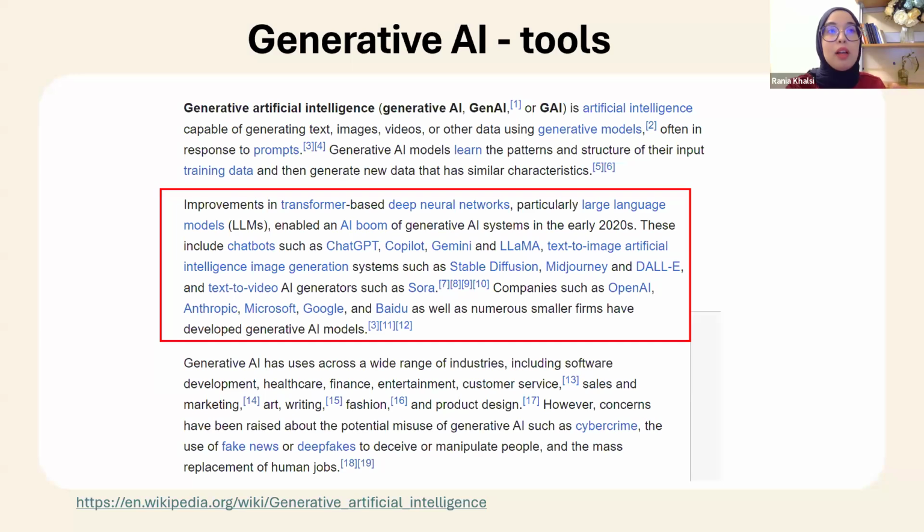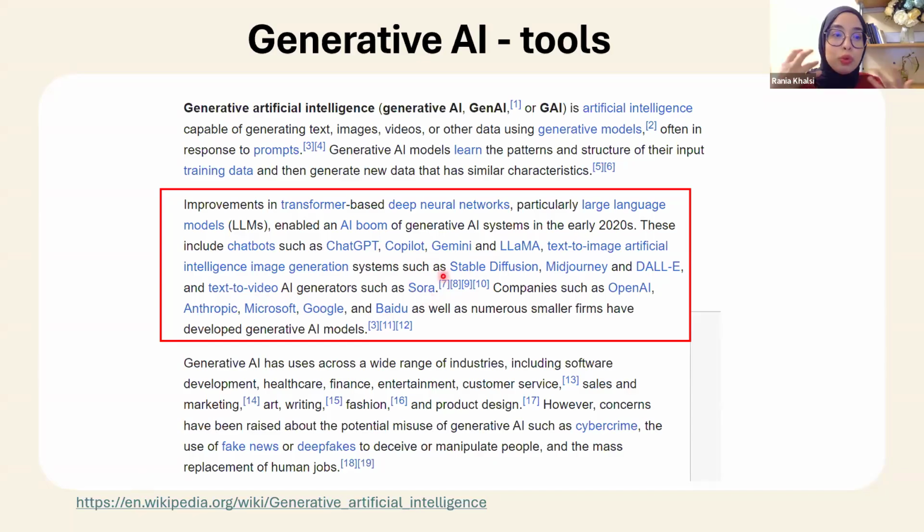Like, for example, the chatbots in general, like we have ChatGPT, Copilot, Gemini; then text to image, artificial image generation, and for this we mainly discuss Stable Diffusion, Midjourney, DALL-E; and for text to video, we have Sora and many other tools.